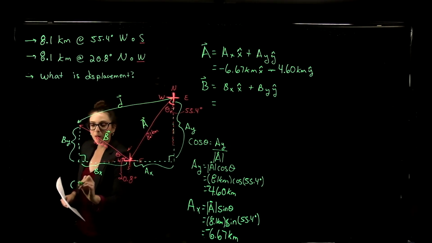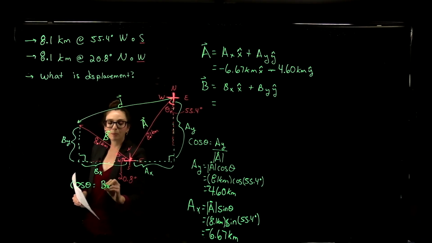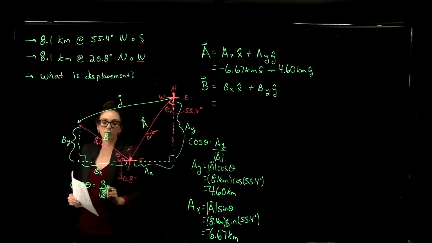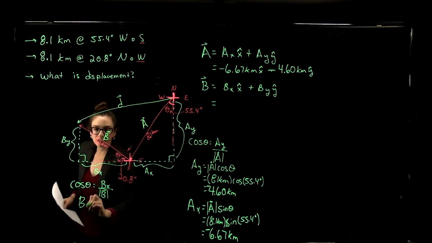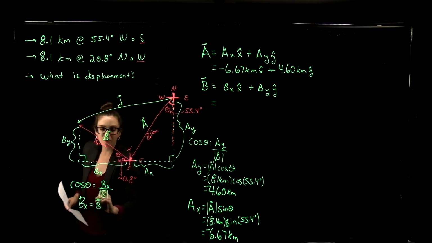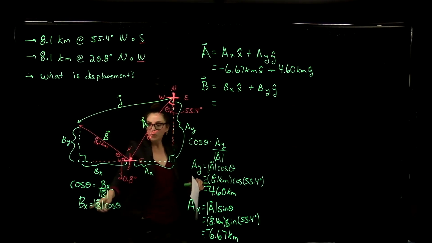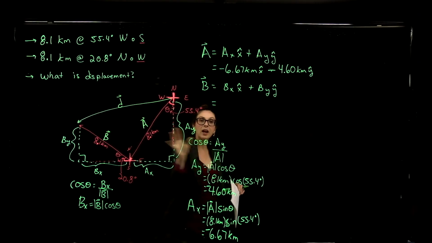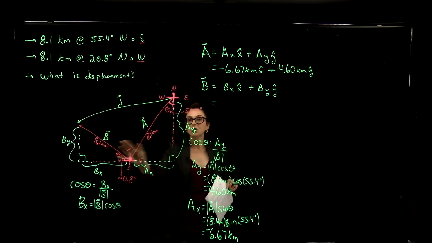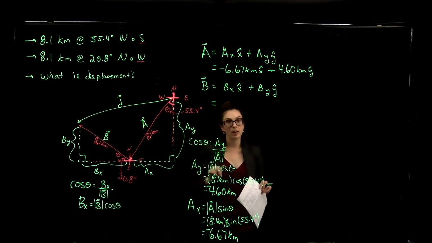So I can say that cosine theta is equal to my adjacent side, that's bx, over the hypotenuse, which is the magnitude of b. So then bx is equal to the magnitude of b cosine theta. You see that for bx, here we're using cosine theta, but for ax we use sine theta. Okay. So just pay attention, it's going to be different maybe for your vectors depending on how you've drawn them.